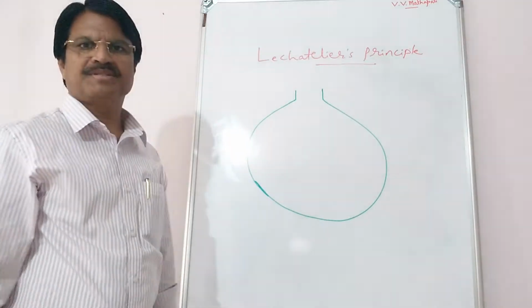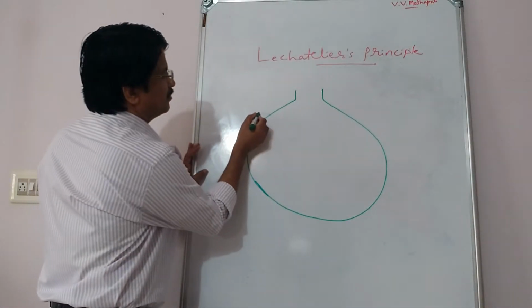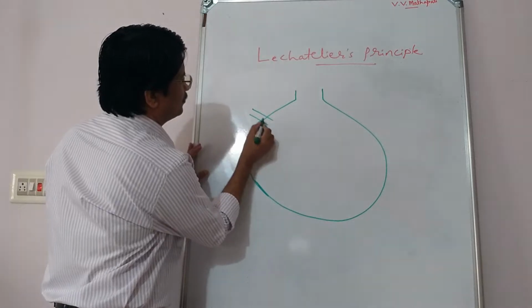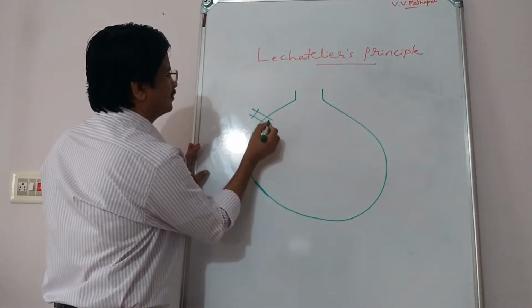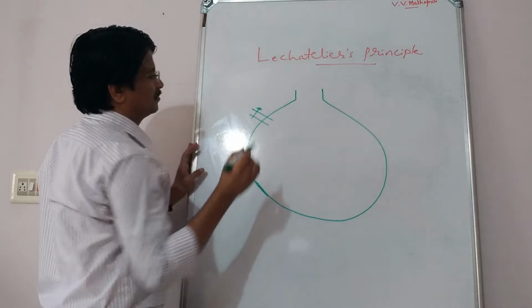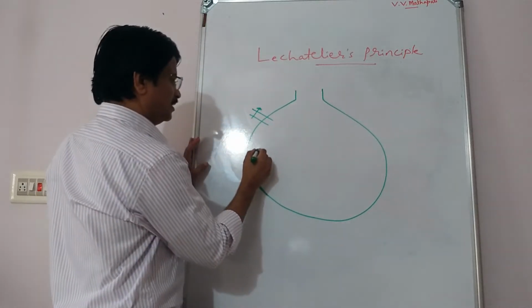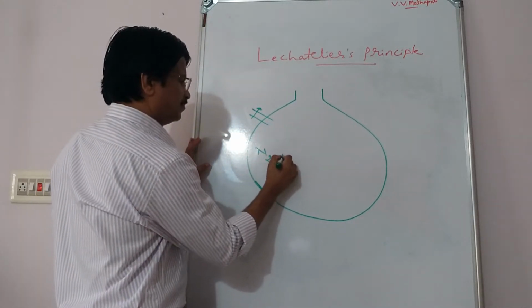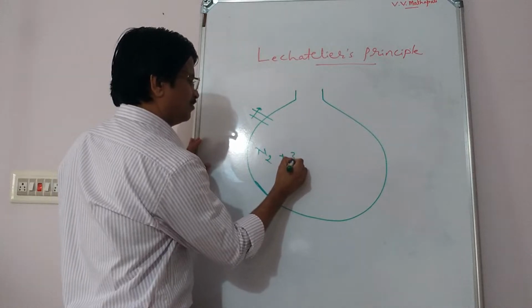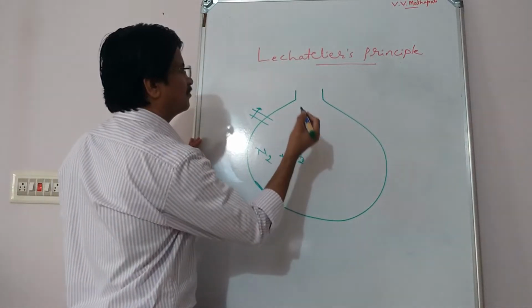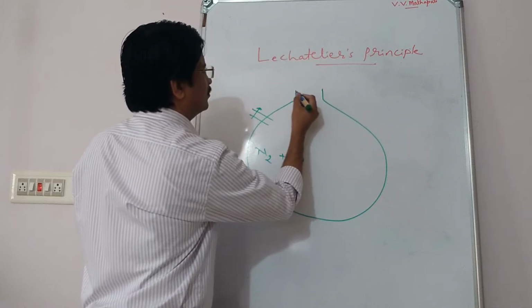Consider this is the reaction vessel fitted with the inlet tube. Here take 1 mole of nitrogen and 3 moles of hydrogen and close it.